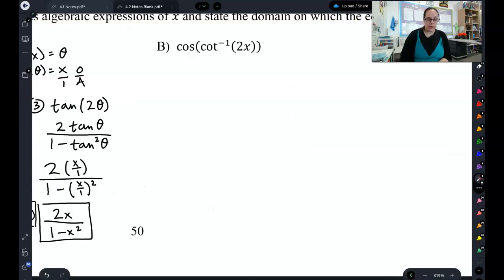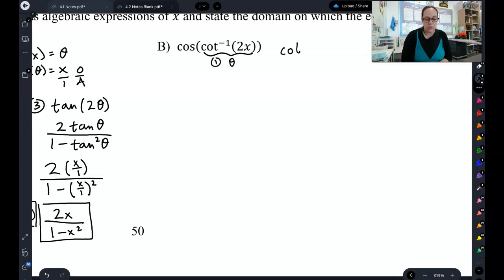So let's try one more. Here we have this one. I would actually like you to try to start this one on your own. Here's what I mean by start it. I want you to do step 1 and step 2 on your own. So step 1, use the inside to build your triangle.